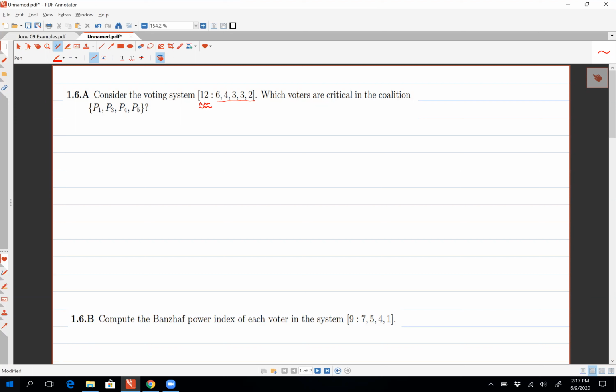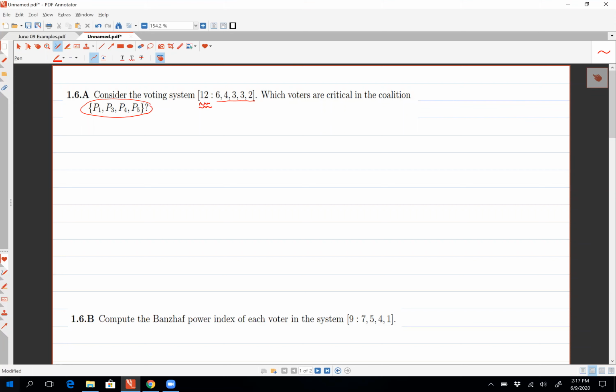Now, we are given a coalition here. We are told that voters 1, 3, 4, and 5 will all be voting yes. And we want to determine if any of them are critical in the coalition.